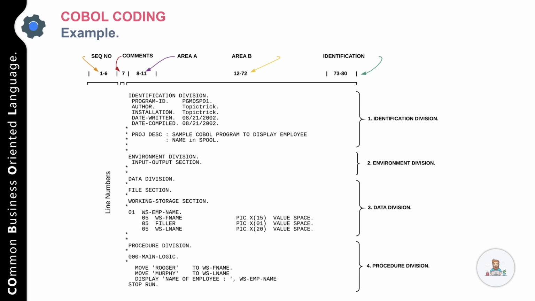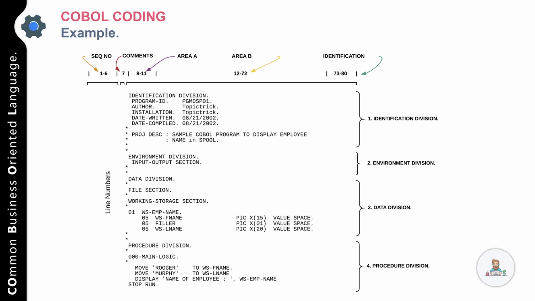Now let me showcase a sample COBOL program so that you can understand how exactly to write a COBOL program which follows the coding rules we have discussed so far. Here's a sample COBOL program, and if you notice the top column, it clearly outlines the 5 fields that we discussed in the previous slide. You have the first 6 bytes as the sequence number, and the seventh position we generally use to specify comments or continuation.